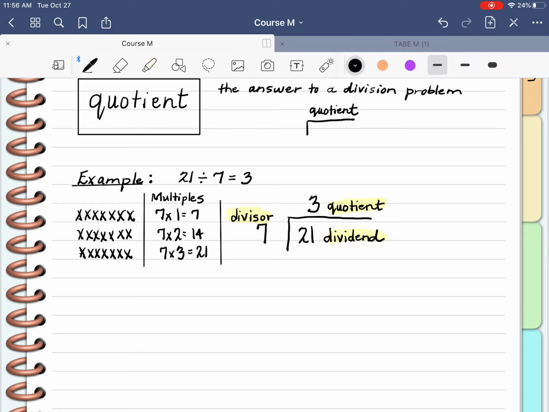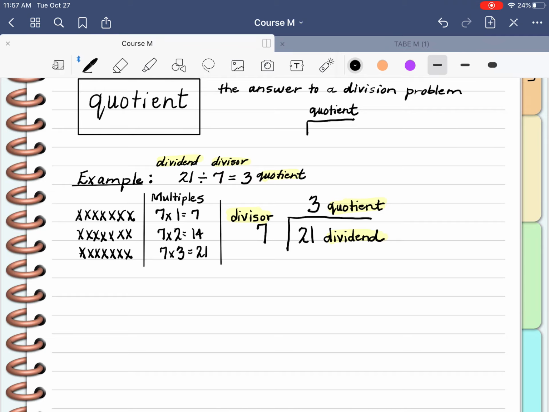If you write the problem out this way, you will have your dividend, the divisor, and then the quotient. So same terms, different form of the problem, but it's the same concept with division.